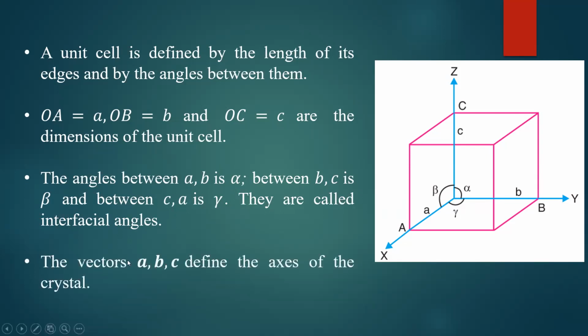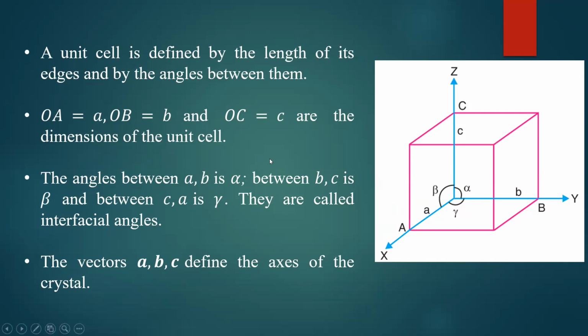And these values A, B, C and alpha, beta, gamma give you the complete structure of the unit cell. And here the vectors A, B, C define the axes of the crystal. So A, B, C are translational vectors. Along these vectors, you can translate this unit cell, and that gives you the repeated structure, and that will give you the complete crystal structure.